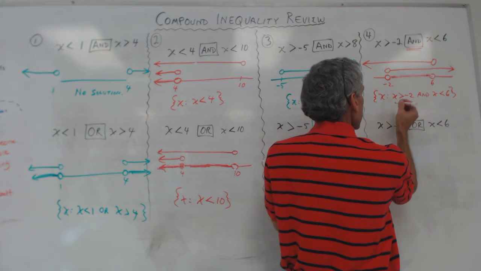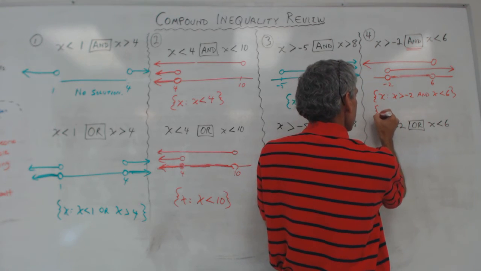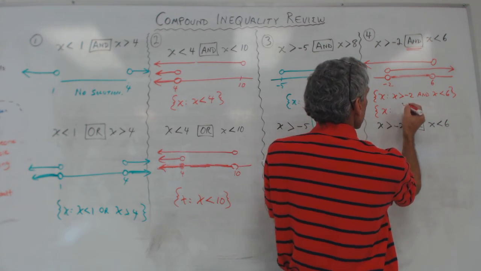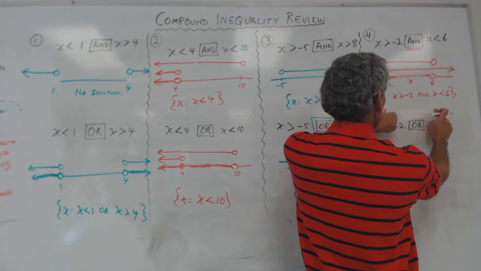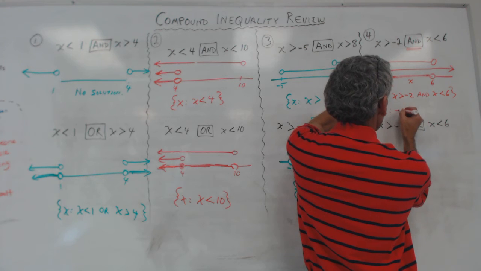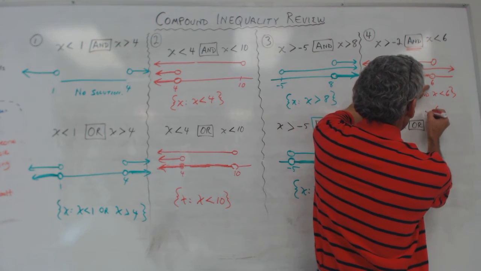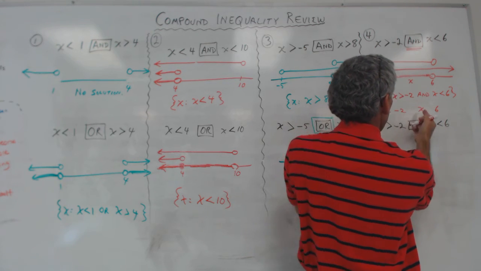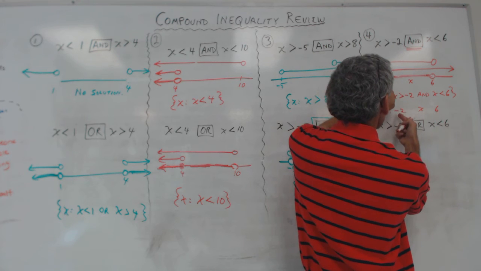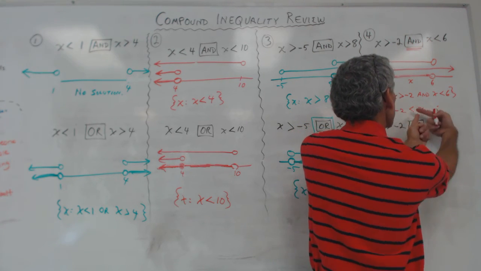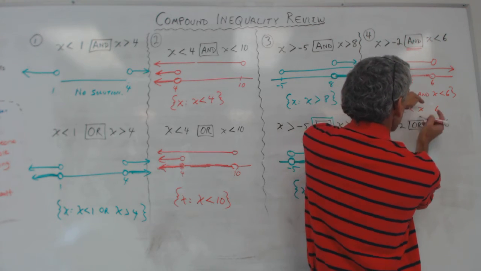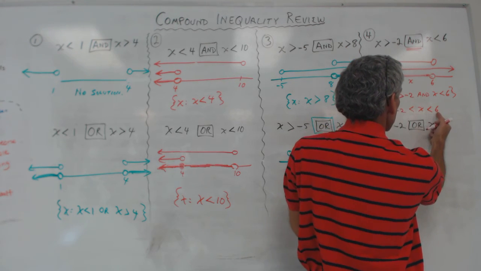Or I could do it slightly differently where I could say the set of all x's such that, and then I think of my x's in between. I think these are my two boundaries, outer boundaries, so I put negative 2 here, I put 6 here, I put x in the middle, and x is bigger than negative 2. So I'm reading it backwards. X is bigger than negative 2, and x is littler than 6.